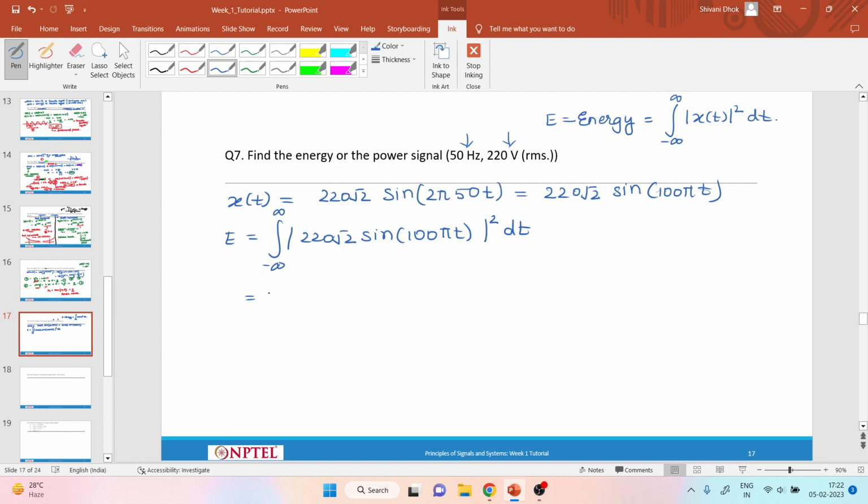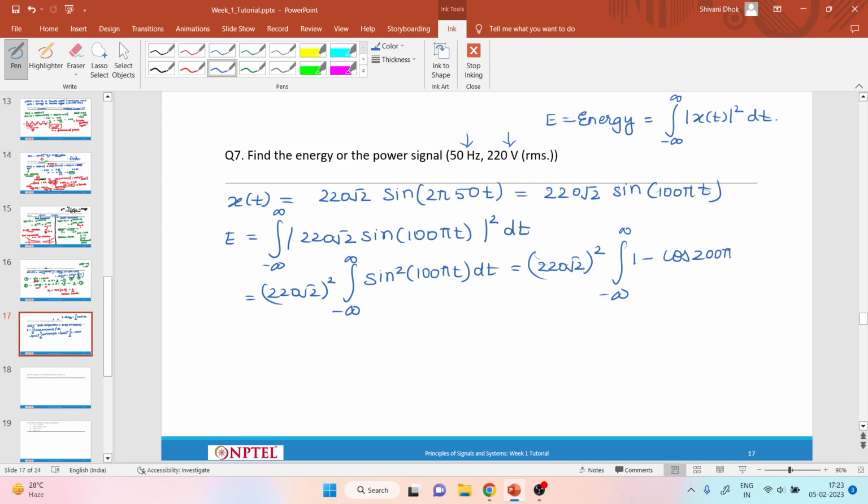So this is equal to 220 root 2 square, which is a constant, from minus infinity to infinity, sine square 100 pi t dt, which is equal to 220 root 2 square integral minus infinity to infinity 1 minus cos of 200 pi t by 2 dt.